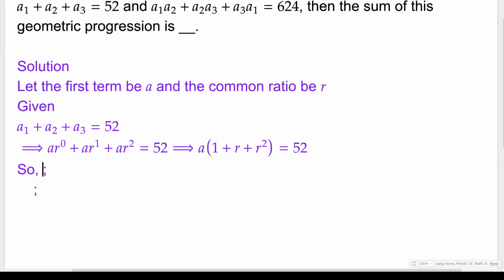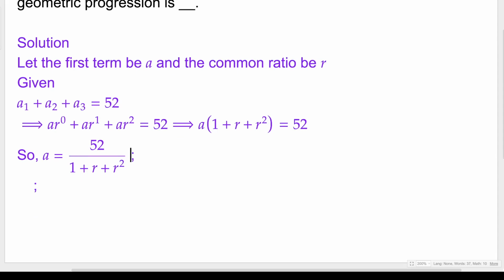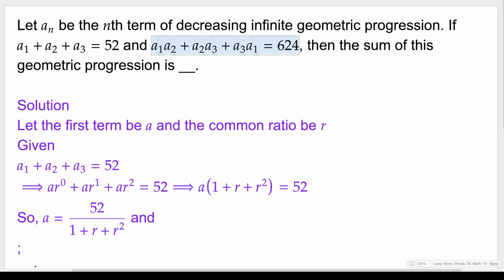From this, if I isolate a, it can be written as 52 over this particular quantity.